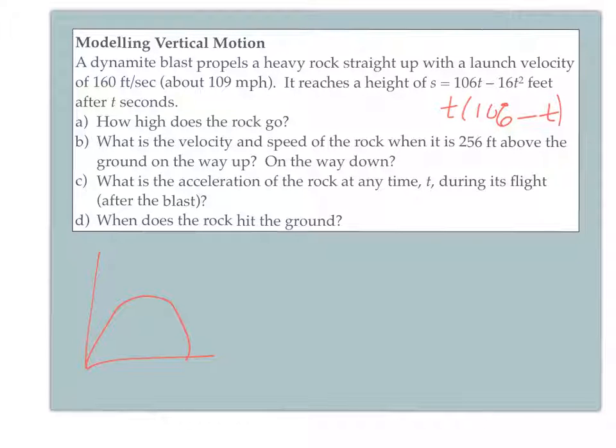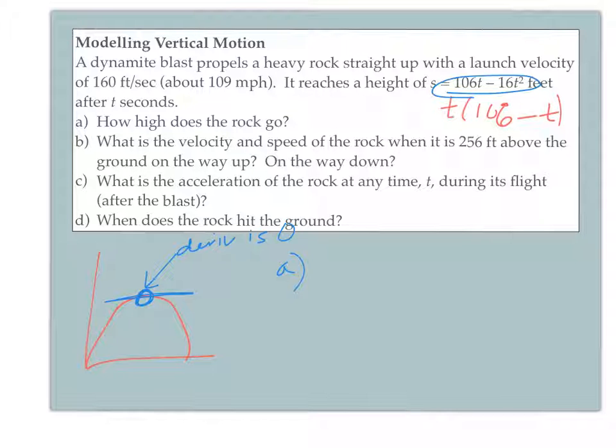So at the maximum, which would be right here, from the assignment we did yesterday, what would the derivative equal there? 0. So all I have to do for calculus is take the derivative of this and set it equal to 0.